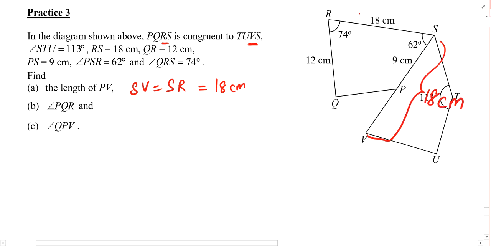Then SP, it's already given to us, is 9. So PV must be equal to SV minus PS, which is 18 minus 9 equals 9 cm. What this also means is that P is the midpoint of SV. This is for part A.